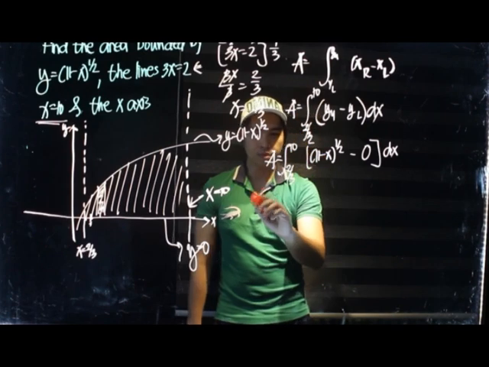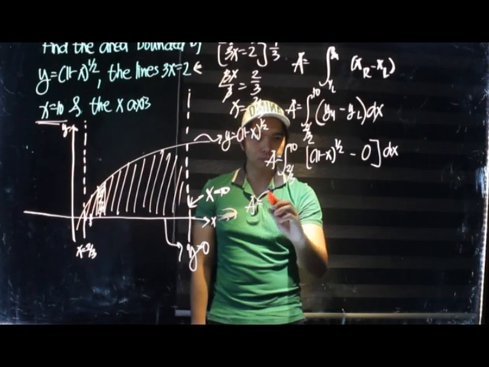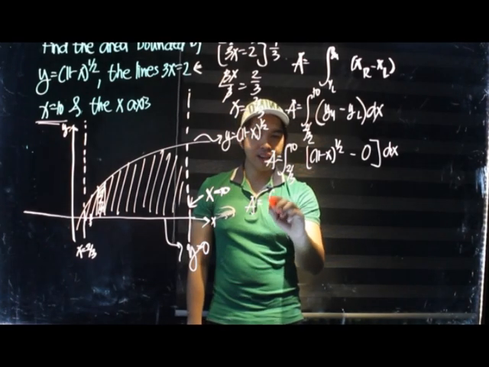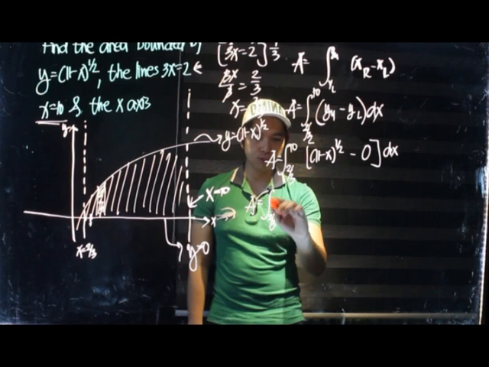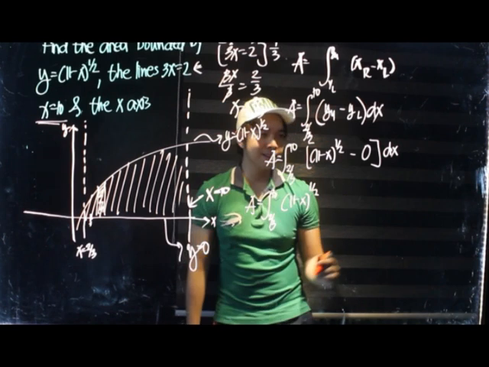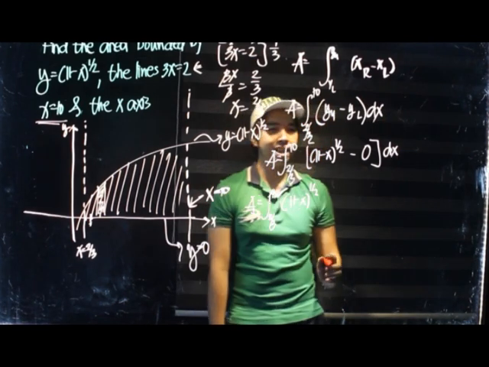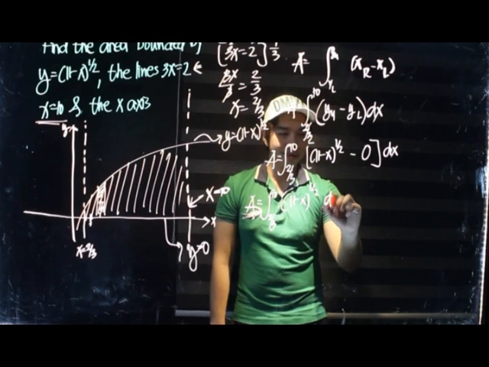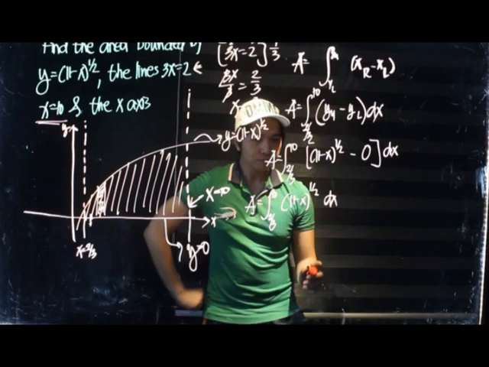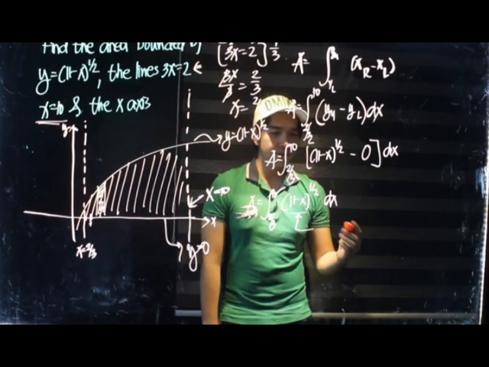So the area now would then be equal to the integral from 2/3 to 10 of 11 minus x raised to 1/2, and the integral of 0 is simply none, so we can simply neglect that, dx.